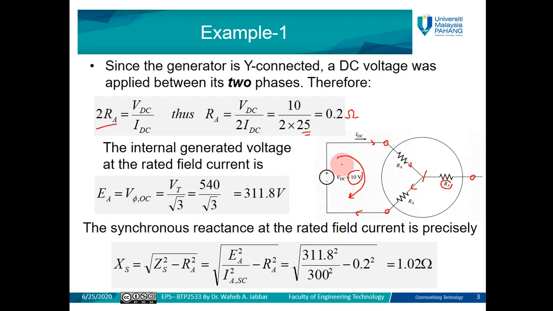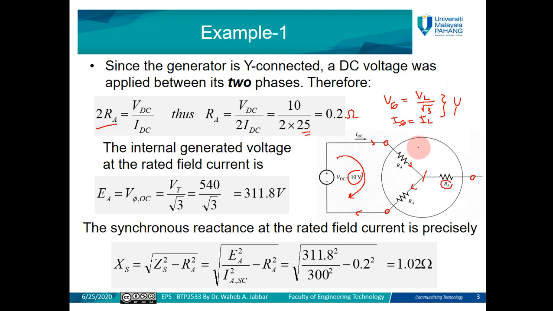In the case of the star connection here, the V phase equal to the V line over √3, and I phase, which is the current that goes through the phase, is equal to I line. So this is for star connection.